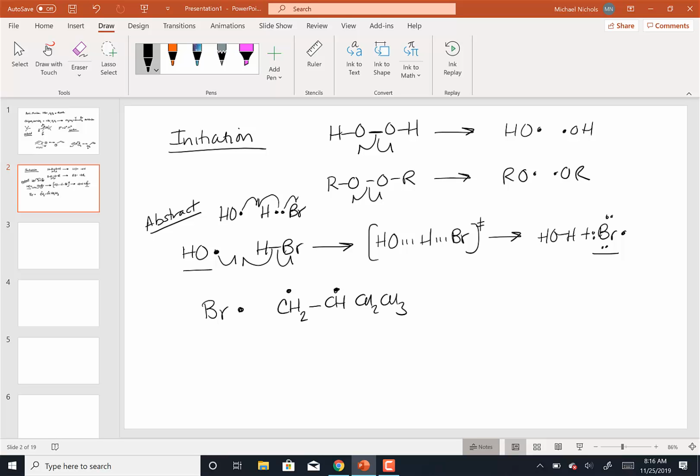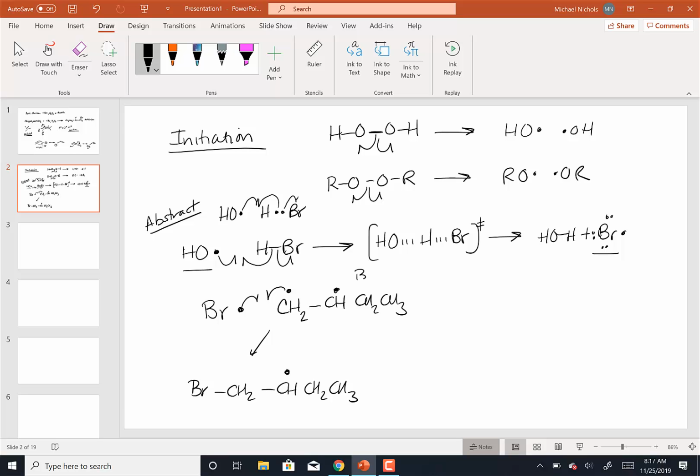The bromine can either pair up its unpaired electron with the CH2 unpaired electron, and it will form the bond to the CH2, leaving the CH with its unpaired electron.